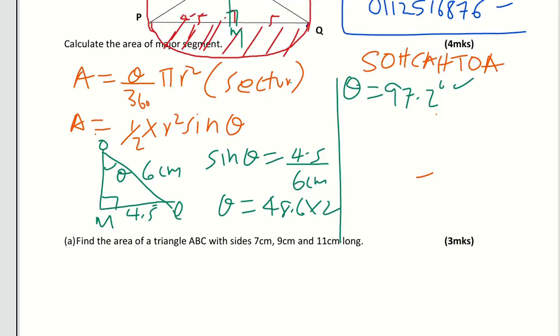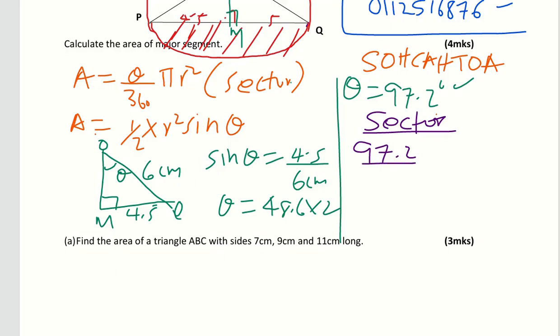Let's proceed first. So let's start with the area of the sector. The sector will be given by theta, which is 97.2 divided by 360, times 22 all over 7, times the radius, which in this case is 6 centimeter.